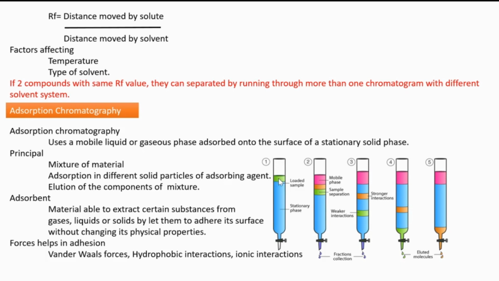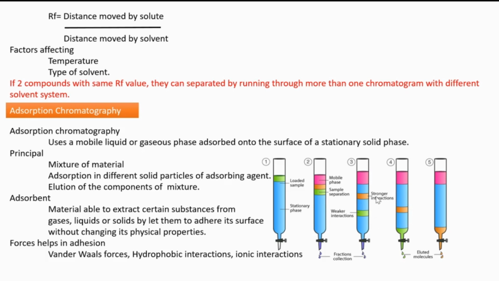Over this we pour that mixture dissolved in that solvent, and depending upon its binding property it drains downwards. Those with stronger interaction will remain here. Those with weaker interaction move faster towards the bottom end of the column and can be drained out first.